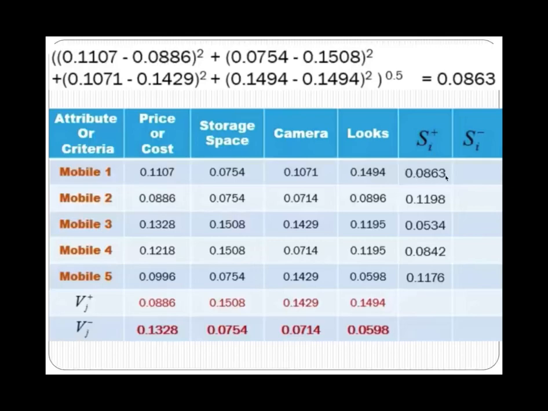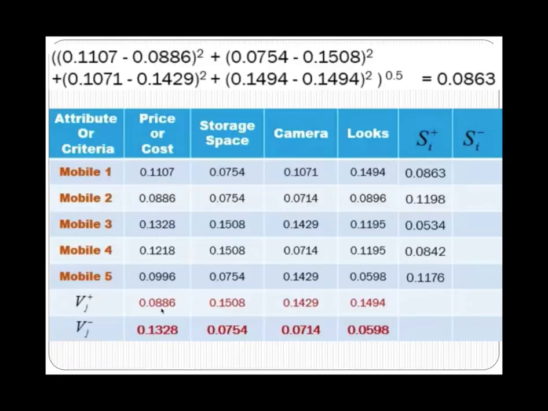This is essentially the Euclidean distance. For example, let me elaborate. Let's say that mobile 1 was a point in some 4D space: x1, x2, x3, x4. And Vj plus is also another point having all of these 4 coordinates. What would be the Euclidean distance between these 2 points?